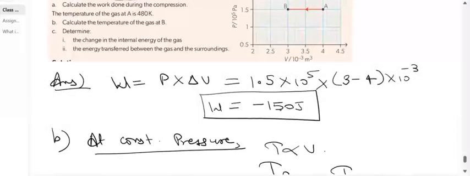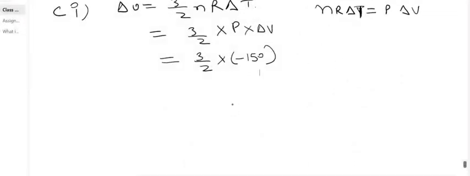So here, why did I write minus 150? Tell me. Since the answer was minus 150 because the pressure goes from A to B. So minus 225 joule is the answer.